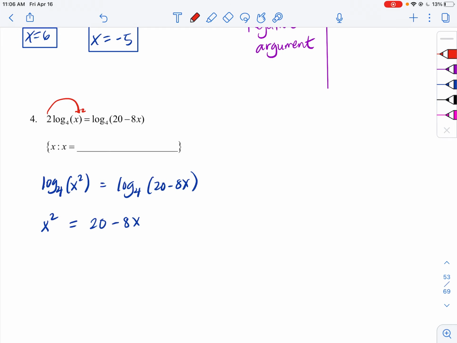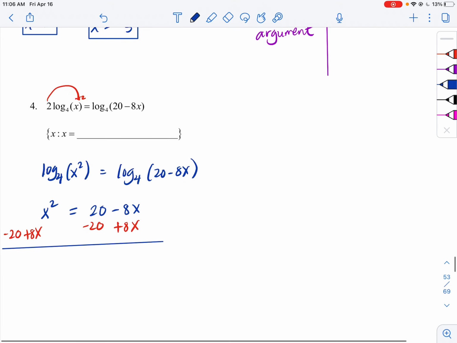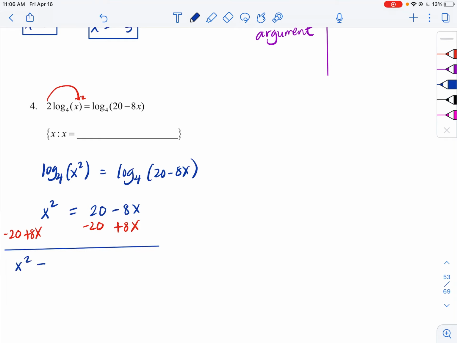Hopefully this is factorable. So minus 20 plus 8x. I always have to do the opposite, okay? Don't forget. So we have x squared plus 8x minus 20 equals 0.